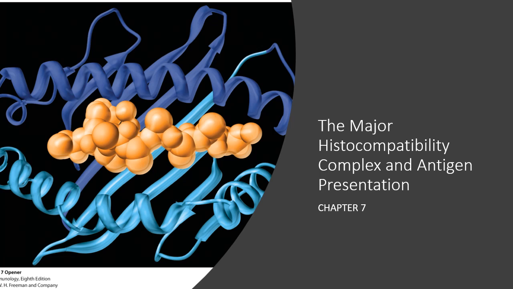If you do not have this in complex with this other protein, the T cell can't really see it. It's going to ignore bits of protein that are just free floating in the environment. It has to bind to this protein, and there has to be a little peptide fragment in there for it to actually recognize.